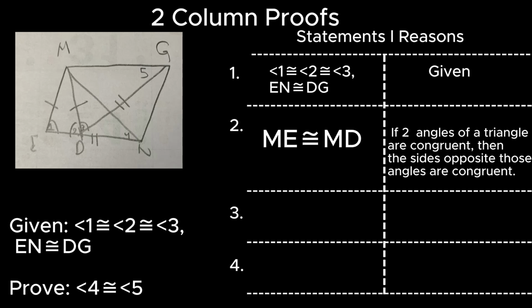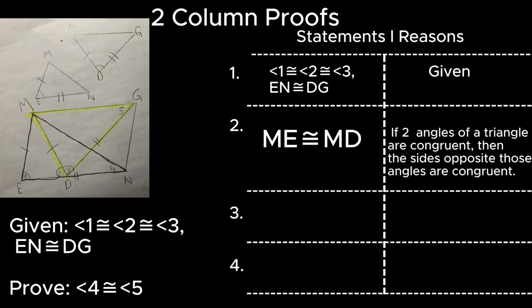And one trick that helped me understand this problem a bit better is I took the triangles out of the diagram. So we're going to take out triangle MEN and triangle DMG and put them side by side so we can see which parts are congruent and which parts we can prove congruent.